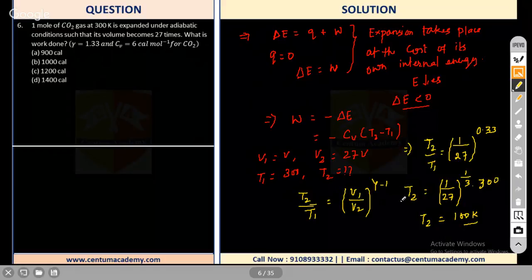Okay, so this value we substitute here, and work done is equal to minus 6, into T2 which is 100 minus T1 which is 300. So you'll get 1200 calorie. Answer is option C.